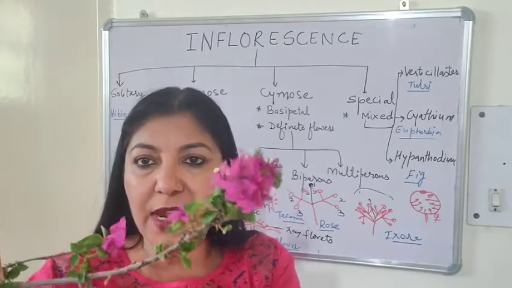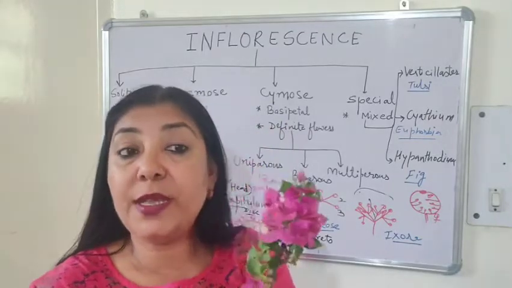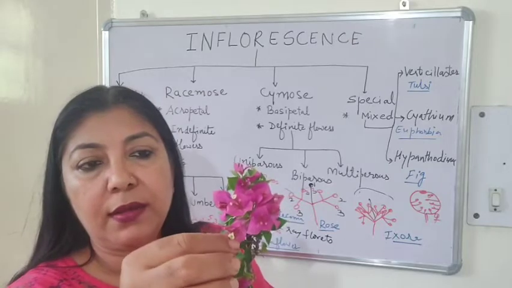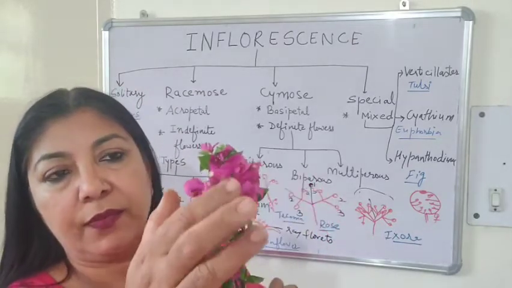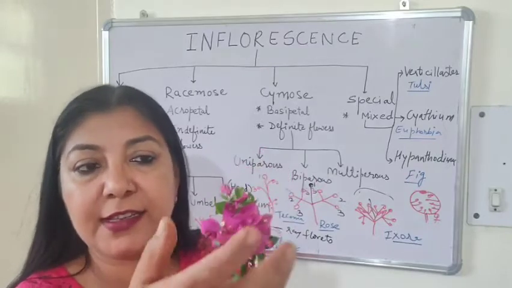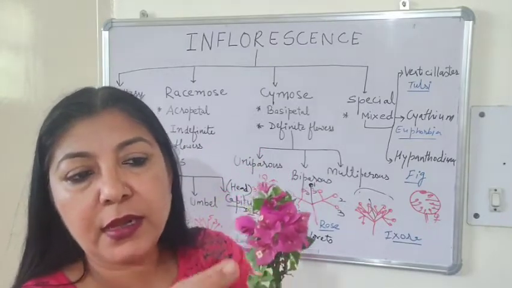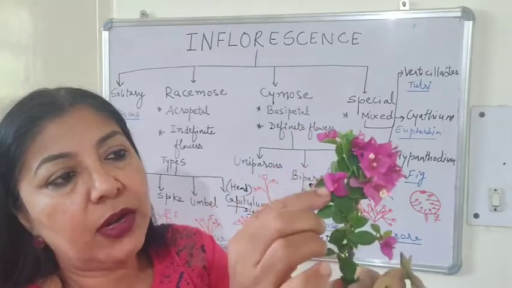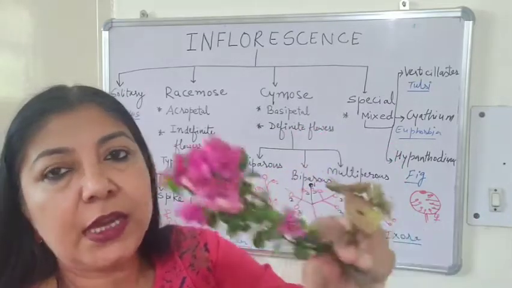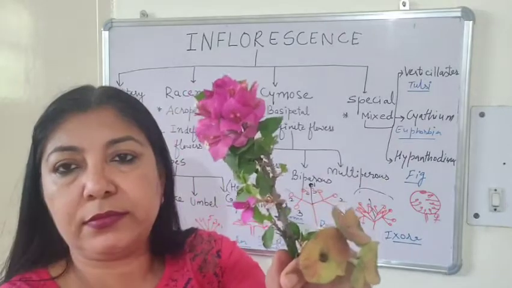It is bougainvillea. You will be surprised to know these colorful petal-like structures are not flowers. We consider them to be flowers, but flowers are only internal. These are the modified leaves which are called bracts.